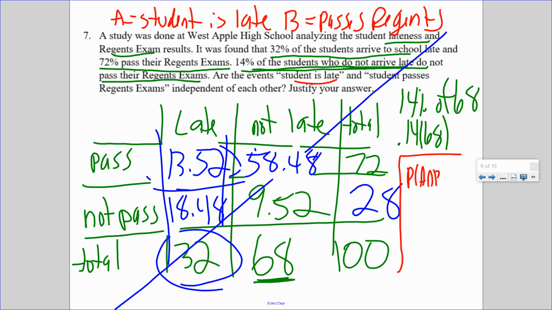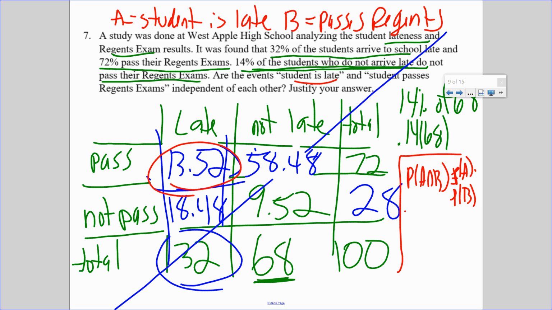P of A and B equals P of A times P of B. So, P of A and B, student is late and passes Regents, is 13.52 over 100. P of A, student is late, is 32 over 100. P of B, student passes the Regents, is 72 over 100.